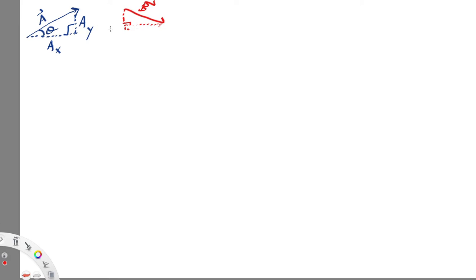So we're going to say that every vector has both an x part and a y part, and we are going to specify an angle in reference to either the x or the y axis. Speaking of which, it is very important to keep in mind what your axes are when you're drawing vectors. Customarily, we will put the x direction in the horizontal and the y direction in the vertical. This is not always the case, but this gives us a good baseline.